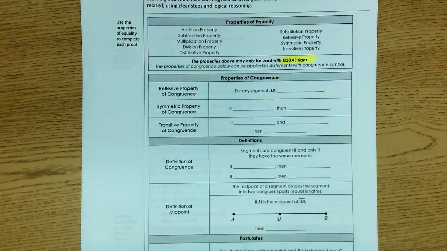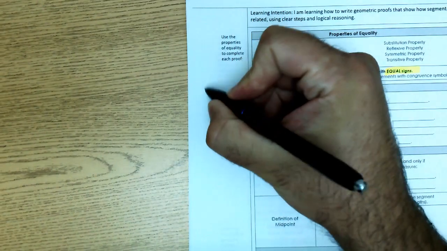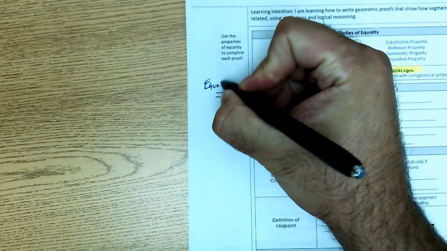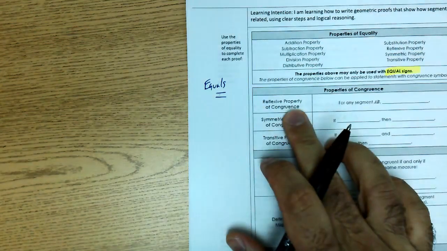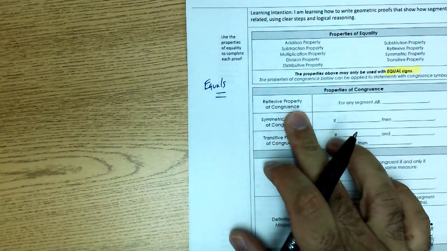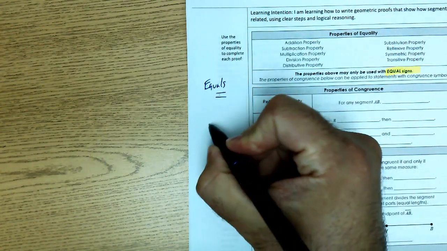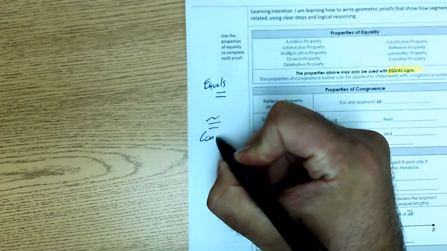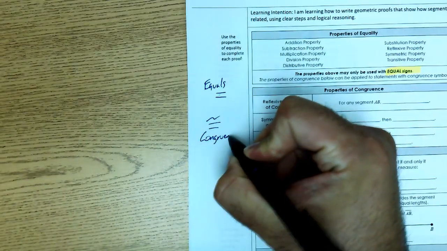If you see an equal sign, that's equals. Congruence, well, congruence is an equal sign with a little squiggly on top of it. So that's when we're saying that something is congruent.